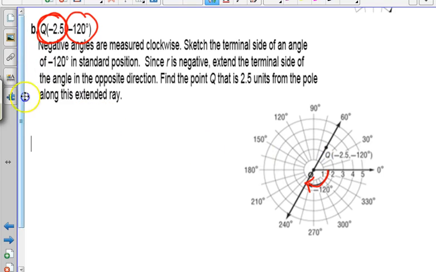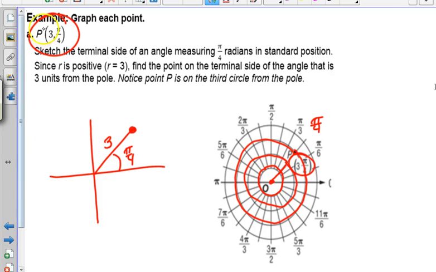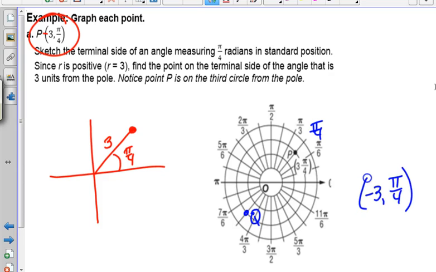Okay? So if I went back to this point I did a minute ago, and I changed this to a negative 3, it would say, go to pi over 4, but then instead of going this way 3, back up 3 on the opposite ray, 1, 2, 3. It would be right here. If I said Q was negative 3, pi over 4, it would be back there.